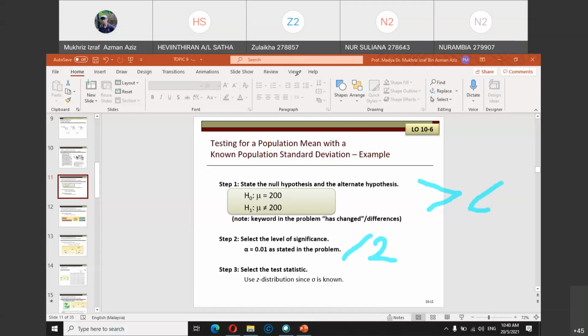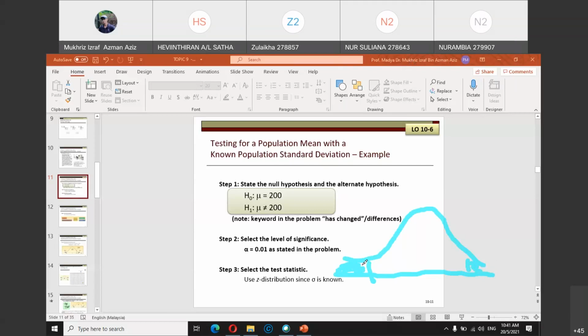I will show later in the other example. But because your H1 is not equal to, you are going to use a two-tail test. Two-tail test means your alpha needs to be divided by 2. So what does this mean? When you draw your area under the curve, you know that the area should be divided into two parts, one on the positive part and one on the negative, meaning the area of rejection.